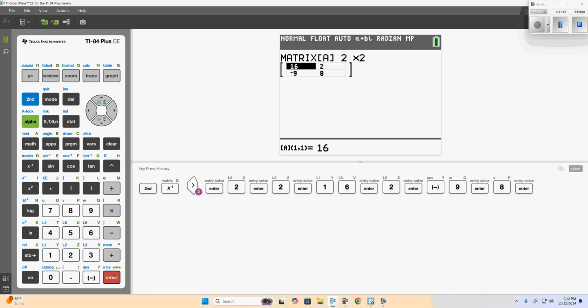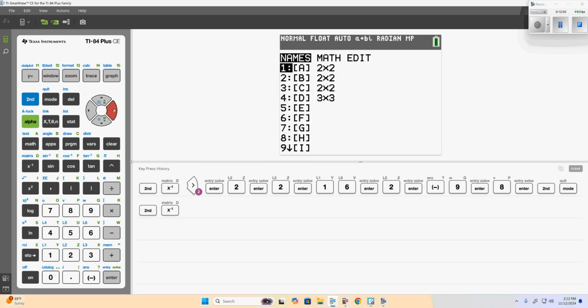Once you get it typed in, second quit. And we're going to do it again, but this time we want to do it at matrix B. Second matrix, over to edit. Now we don't want to retype it in because matrix A we've already set to what we want, yes?